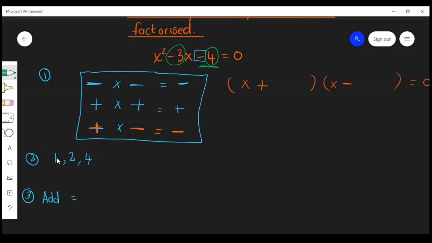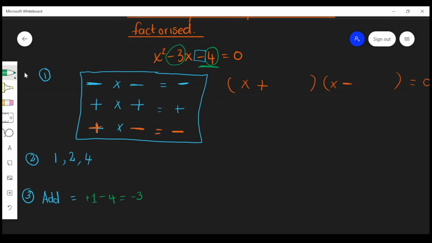What happens if I choose 1 and 4? When I choose 1, it's going to be a positive 1, and when I choose 4, it's going to be a negative 4. What happens when I say plus 1 minus 4? Plus 1 minus 4 is equal to negative 3.